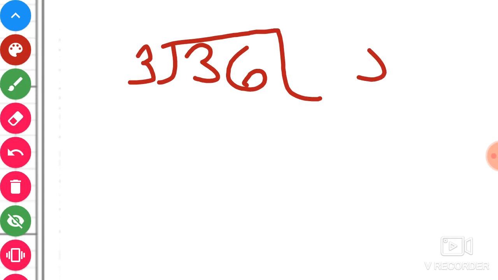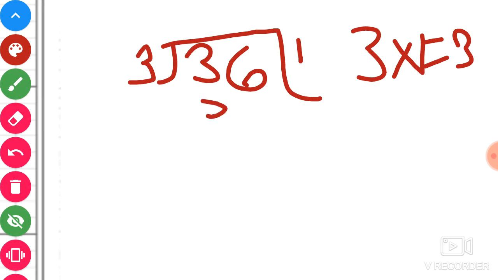So yes, 3 into 1 we will get 3. 3 ones are 3. So we will write 1 here. Why we are writing 1 here? Because 3 के टेबल में 3 कितनी बार में? 1 टाइम्स में. So 3 minus 3 we will get nothing, 0. Now अब हमारे पास क्या बचा है? 6 बचा है. We will carry down this 6.